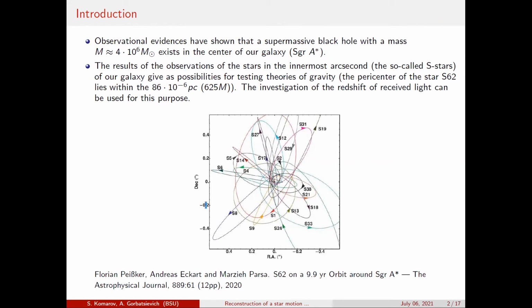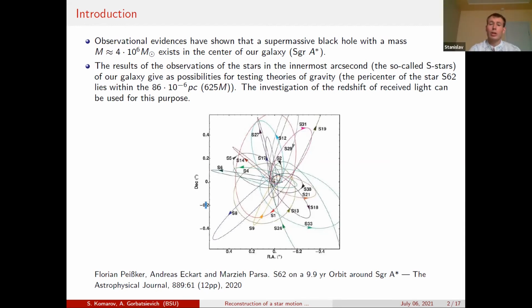Due to this, it is possible to investigate the motion of the stars and to test theories of gravity when we observe certain electromagnetic characteristics of radiation that come from these stars. From the observational point of view, it is simpler and more convenient to use redshift as such a characteristic, because redshift can be measured with very high accuracy.